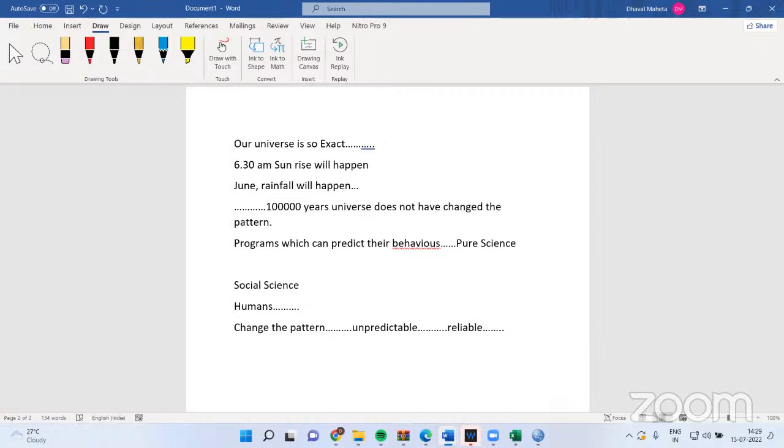Now, why I'm using such words? Because, say for example, you have made a questionnaire in which you asked the opinion about the workshop, SPSS workshop, on Likert scale.